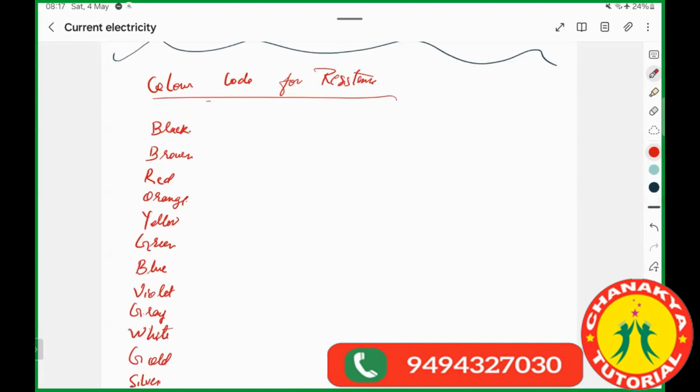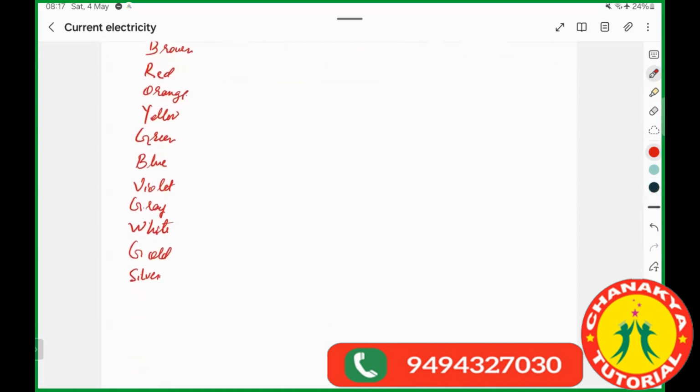Did you remember the sequence? Just BB Roy goes to Bombay via Gateway with gold and silver. If you want, you can write it as a statement also.